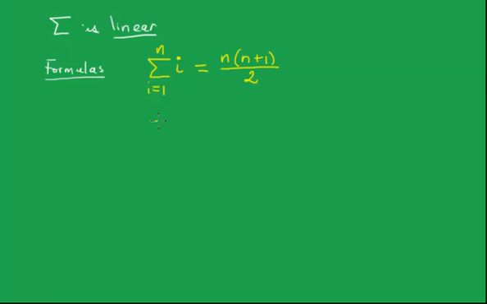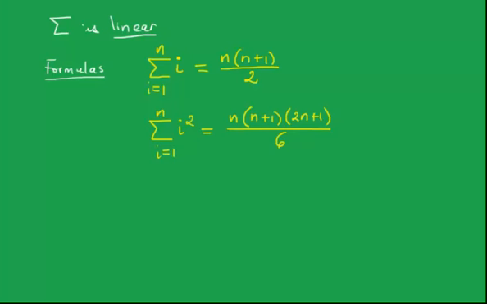And the second formula is the summation from i equals 1 to n of i squared. This is equal to n times n plus 1 times 2n plus 1 divided by 6. So in the problems, what we will have to do is to be able to use these formulas.